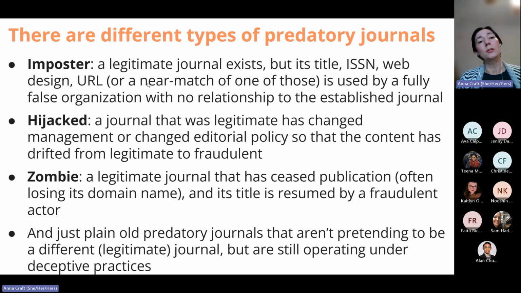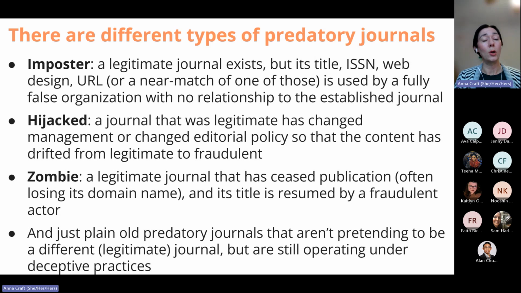We also have situations where we have what we refer to as hijacked journals, where we had a quality journal, but perhaps the management has changed or the editorial policy has changed. And the content then has moved from going through those rigorous peer reviews to just publishing anything. But they are banking on people still associating them with that quality that they had in the past. A zombie journal is when we had a legitimate journal, but it has stopped publishing.